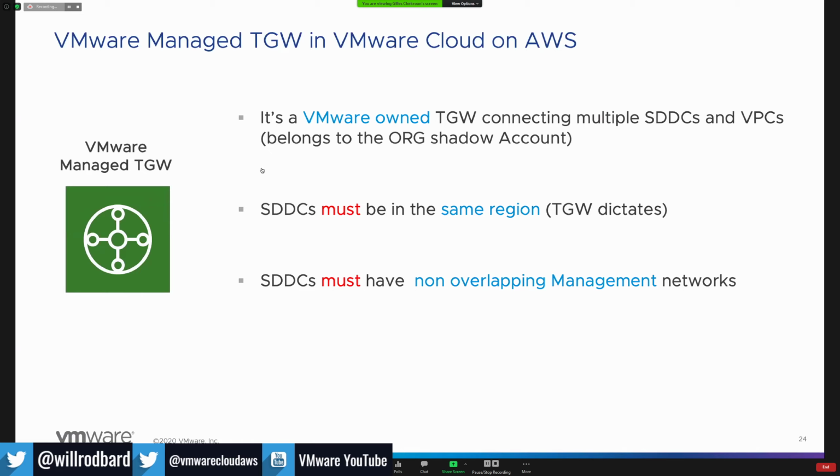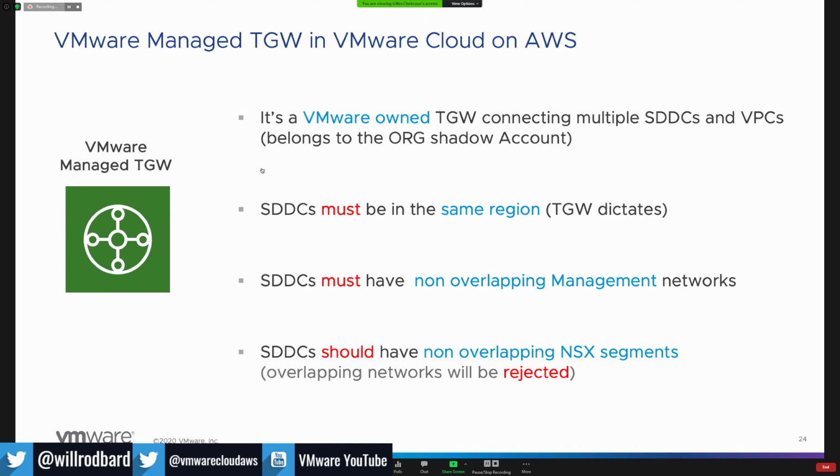So you cannot connect VPCs with the same CIDR. SDDCs should also have non-overlapping NSX segments, but that's no big deal. If you have overlapping NSX segments, we will reject them. Okay, they will be disconnected.